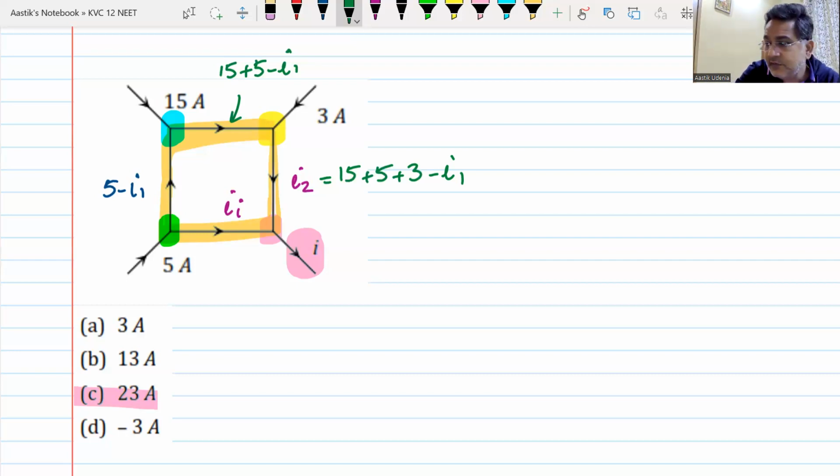Yes, sir. Everyone understands this? So no matter how you do it, you will always end up with the same answer. The outgoing current is 23 ampere. Shall we move ahead to the next thing?